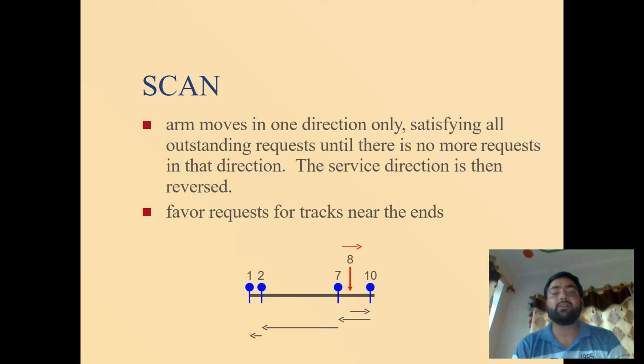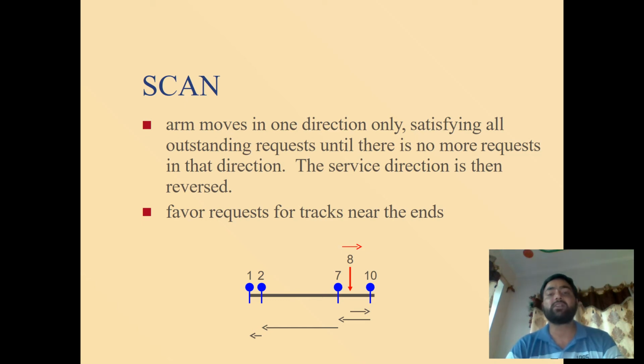When started in one direction, it will approach all the requests in that direction till no further request is there. After processing all the requests in that direction, the head will reverse and move in the other direction to fulfill the remaining requests that come in the way, and all the requests in the other direction will be satisfied.